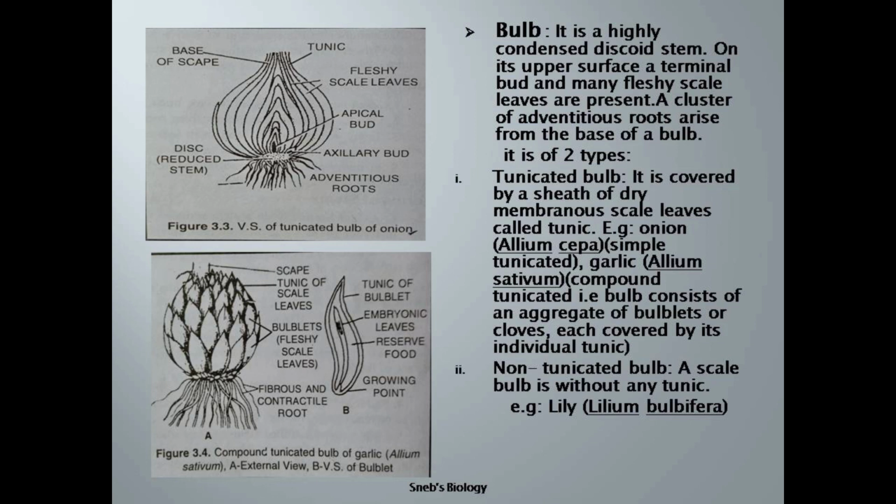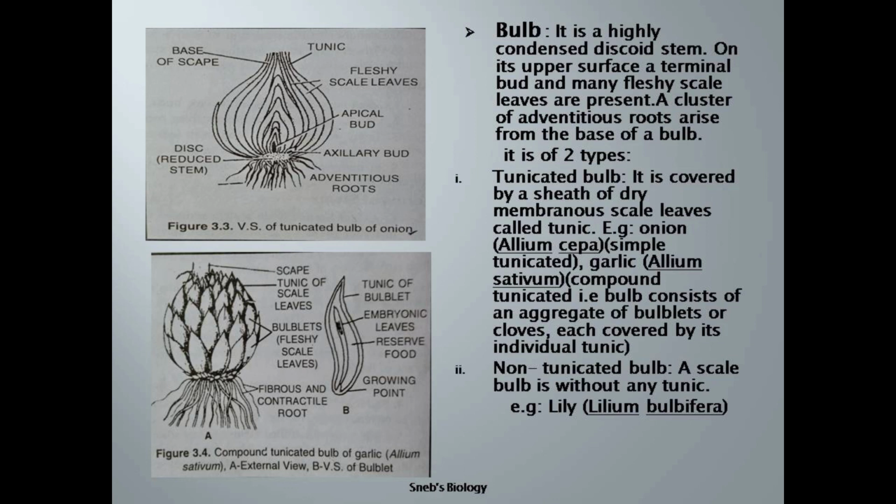The next is non-tunicated bulb. In non-tunicated bulb, there is a bulb, but here there is no covering or tunic. For example, lily. Here the edible part is the leaves, not the stem. As the stem is compact and disc-like, it is able to support these fleshy leaves.